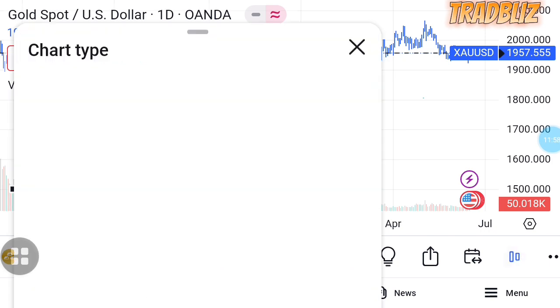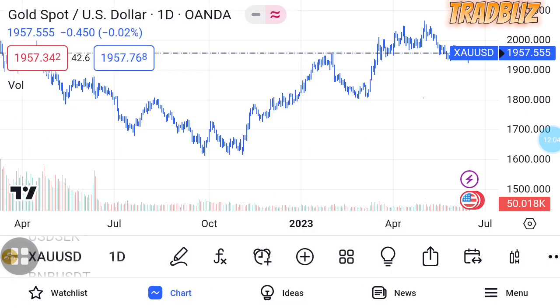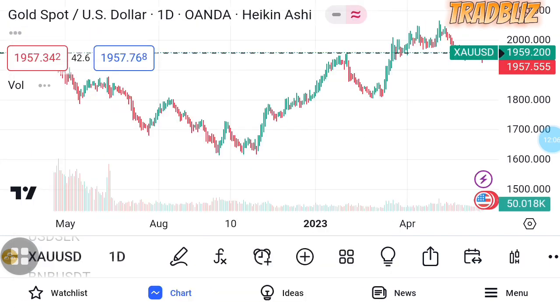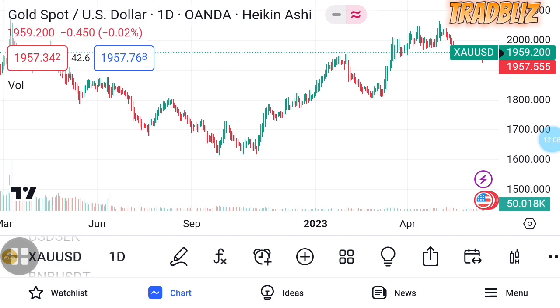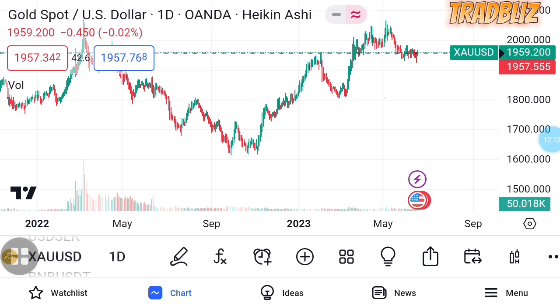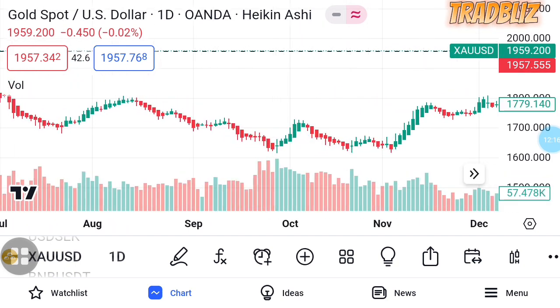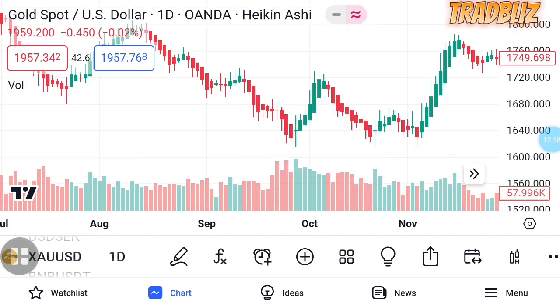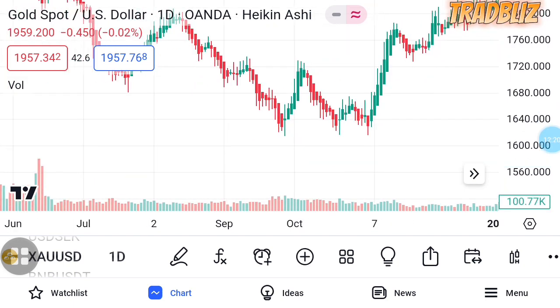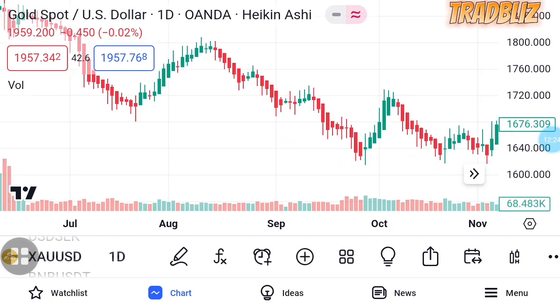Okay, so the next one we are going to talk about is Heikin-Ashi. This is an old pattern, but it is very funny. You look at it and find there's a lot of red. It looks like a candle. This is actually a candle, but it creates a trend.